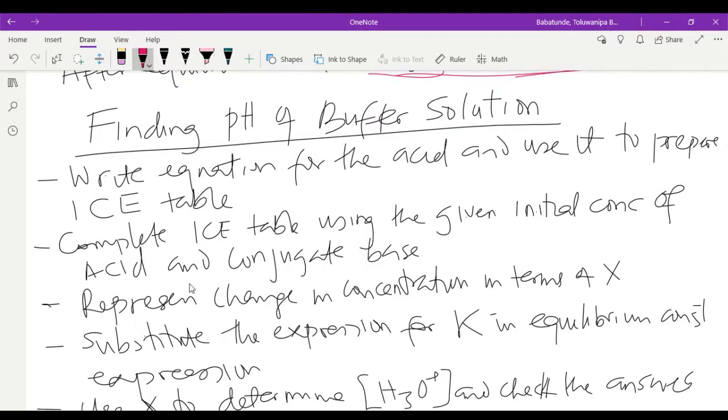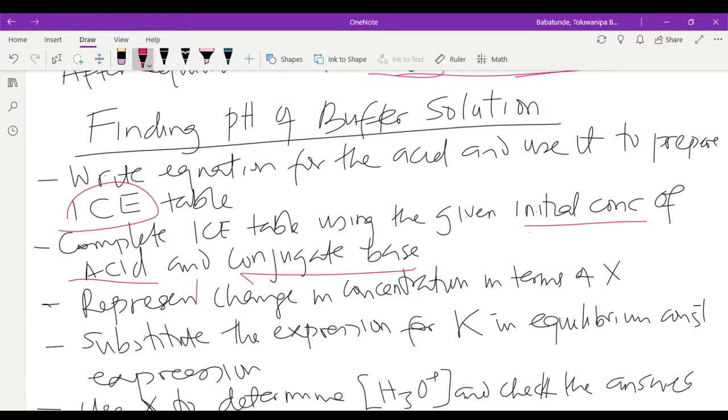We have steps we can use. To find the pH, we can write the equation for the acid and use it to prepare the ICE table. Then we complete the ICE table using the given initial concentration of the acid and the conjugate base, which will be provided.